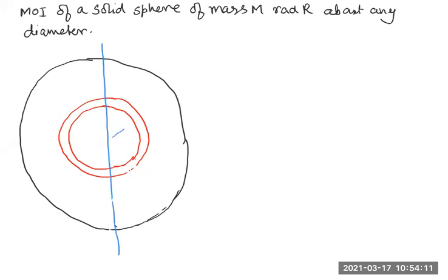So we choose as an element the hollow sphere of radius y and thickness dy.